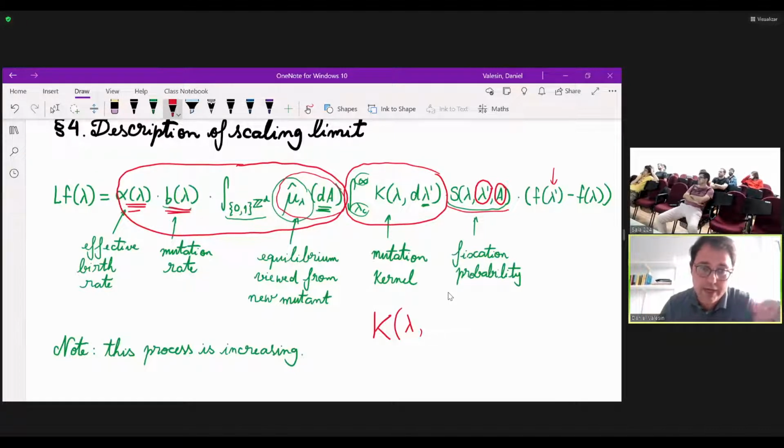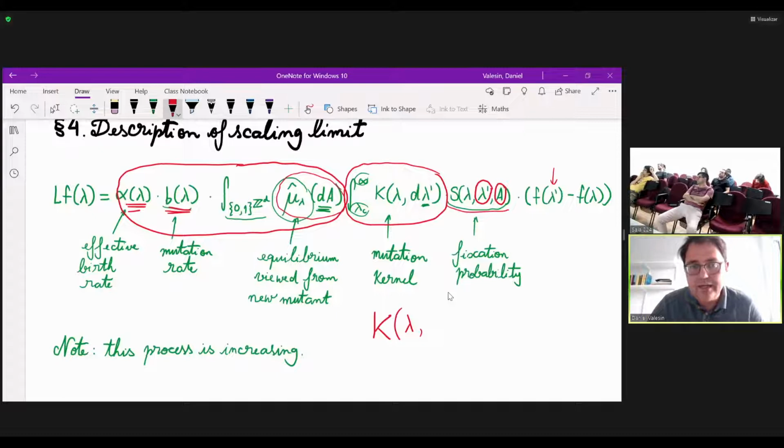The kernel K is not necessarily supported on values above lambda, so mutants weaker than the host population can be born. But this possibility vanishes in the scaling limit, because when a weaker mutant is born, the host population will overtake these mutants very quickly, in an amount of time that does not appear in the scaling limit.